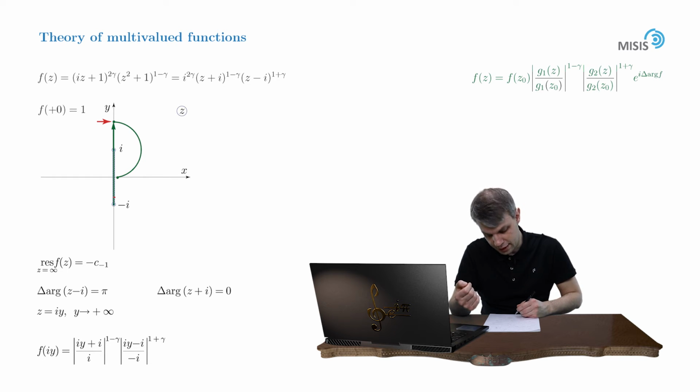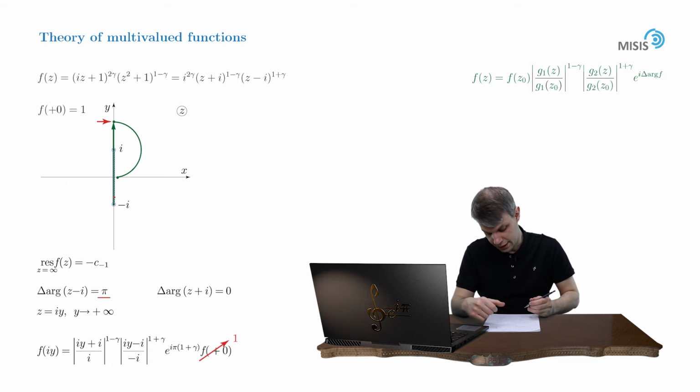So we have to multiply our change of the argument of the z minus i number, which is pi, by the corresponding power, which is 1 plus gamma. And multiply, of course, by f of plus 0, which is 1.